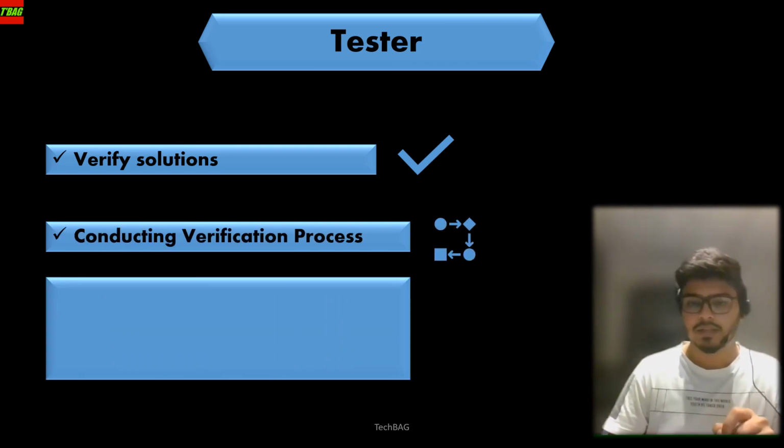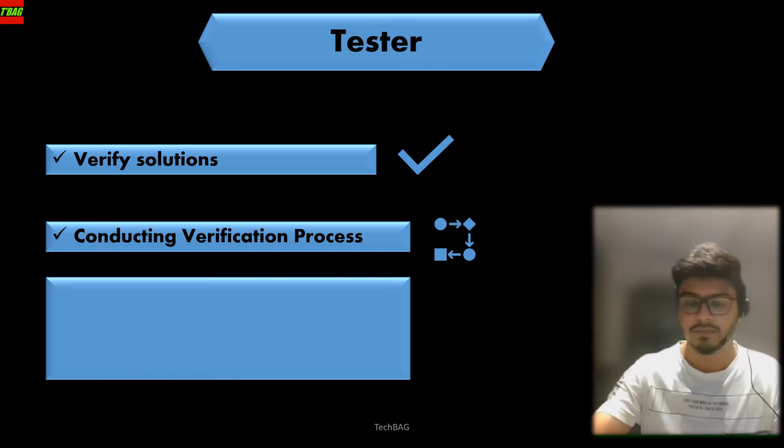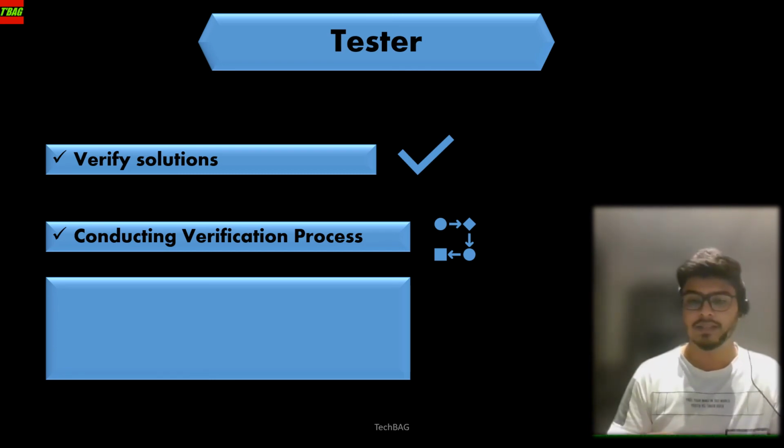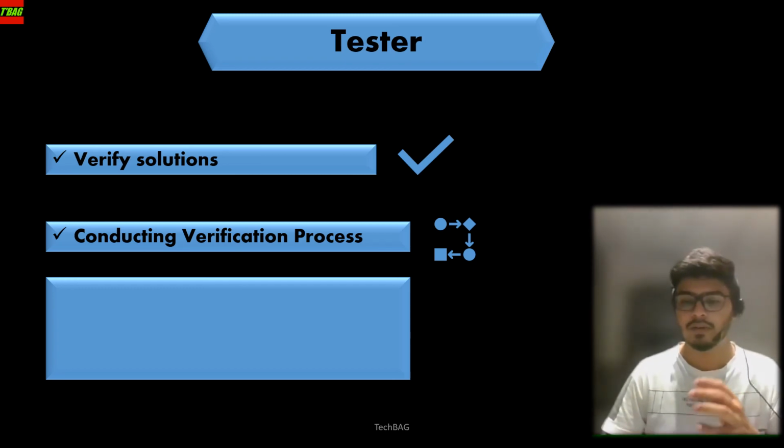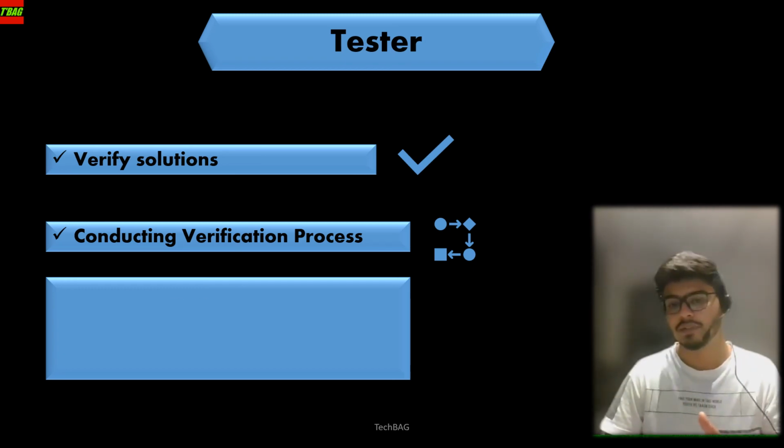They conduct a verification process to move that particular product from the stage to the production or the live environment, and they are the ones who give the guidance or the assurance that yes, this is the one we can go live with.